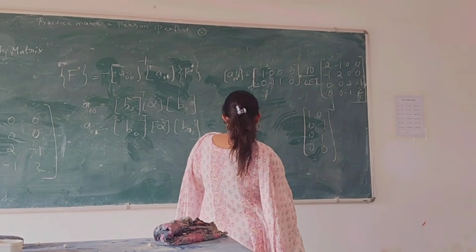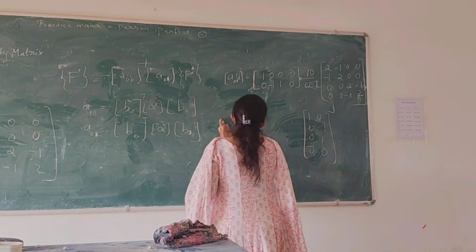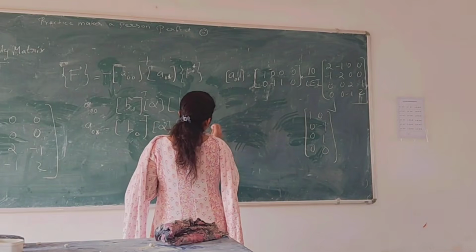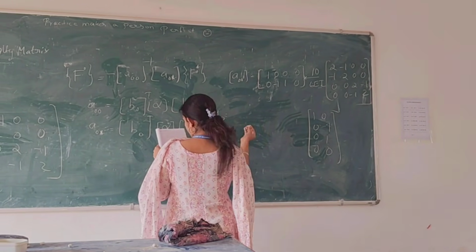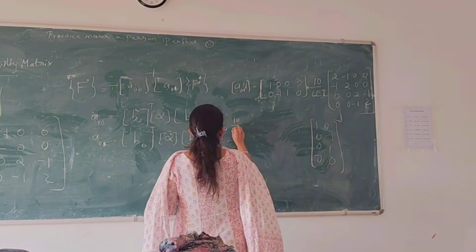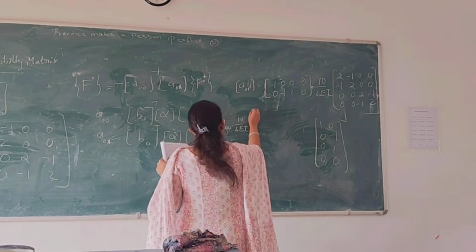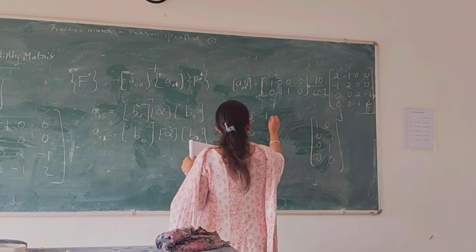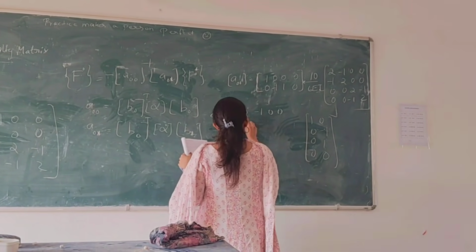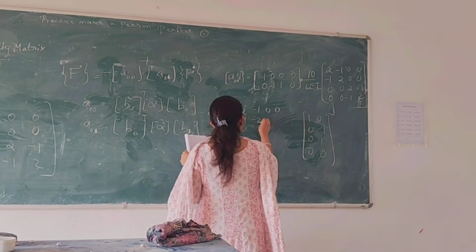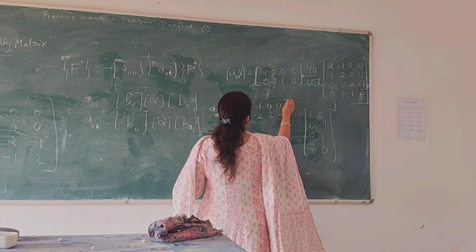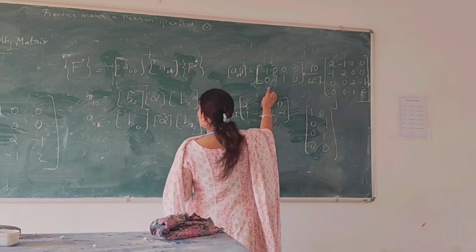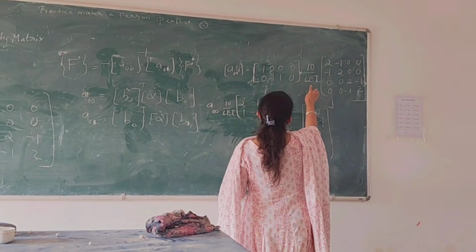So you're going to get a matrix like this. A naught naught is going to be 10 by 6 Ci into 2 minus 1 0 0 1 minus 2 2 and minus 1. Okay. So this is your B naught transpose into alpha.